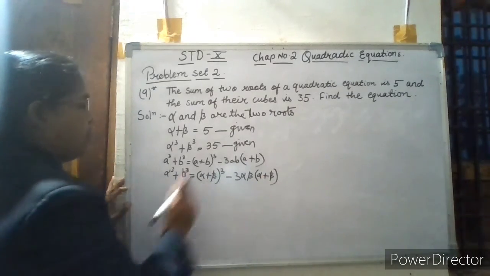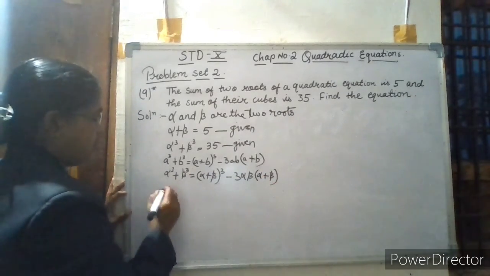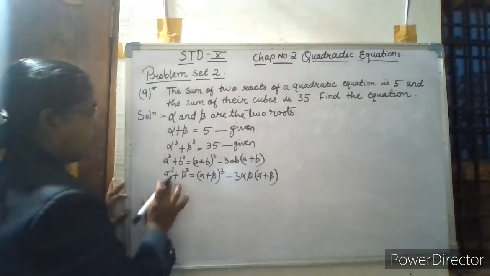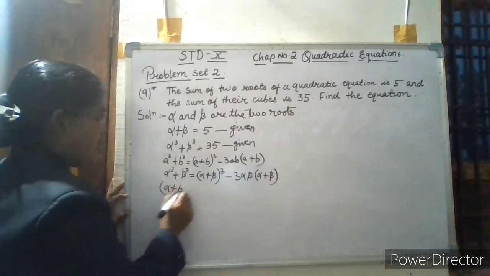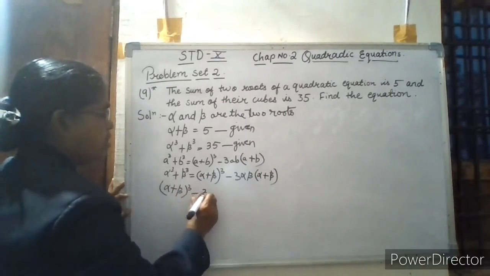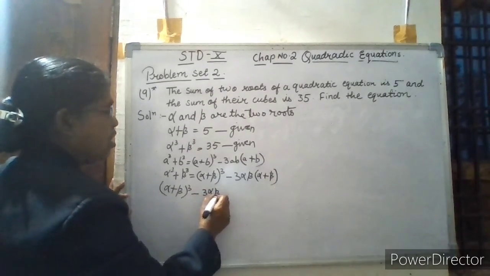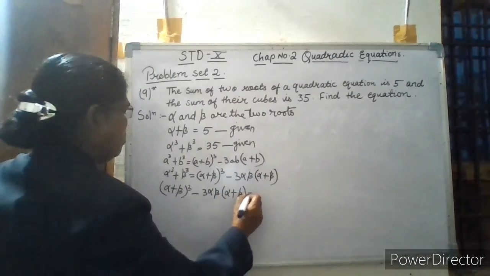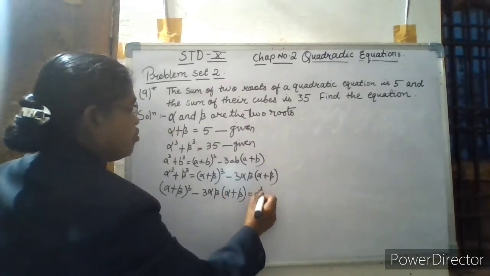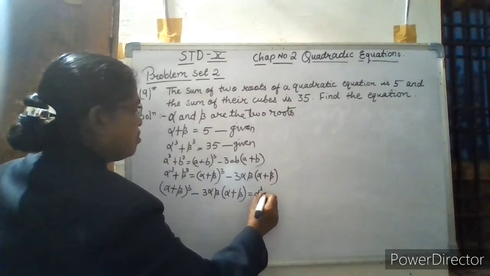I will write this part on the other side: alpha plus beta the whole cube minus 3 alpha beta into alpha plus beta is equal to alpha cube plus beta cube.